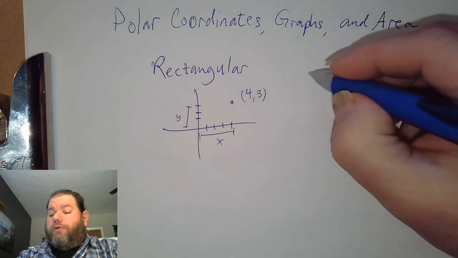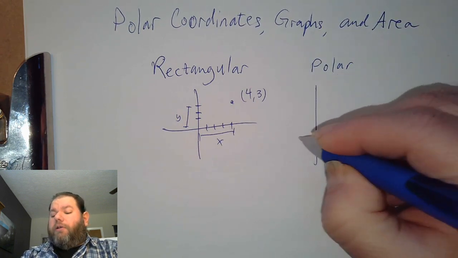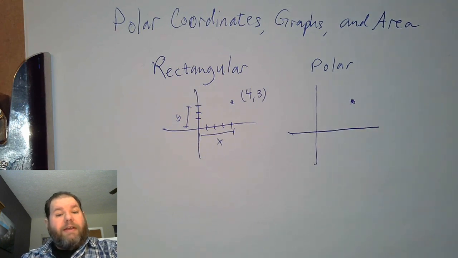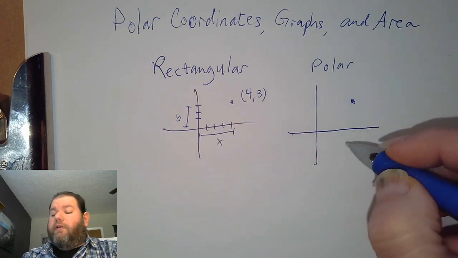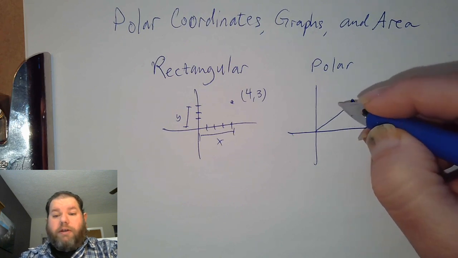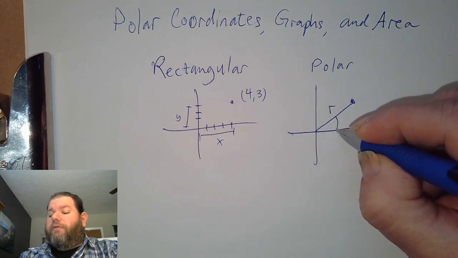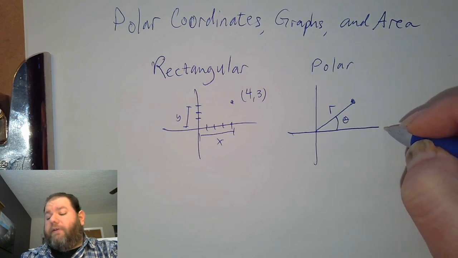When we look at polar coordinates as an alternative, we're going to be looking at that same coordinate, but instead of using horizontal distance and vertical distance, we use distance from the origin, which we'll call the radius, r, and we'll use the angle with what would normally be the positive x-axis.